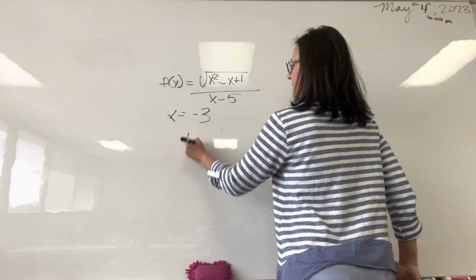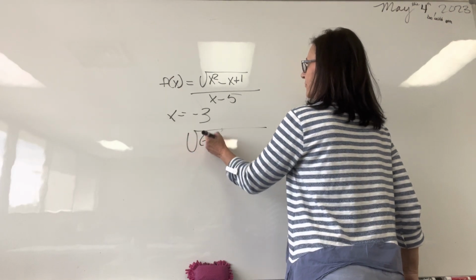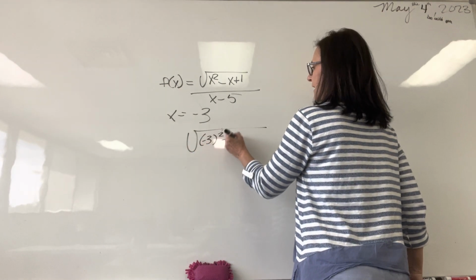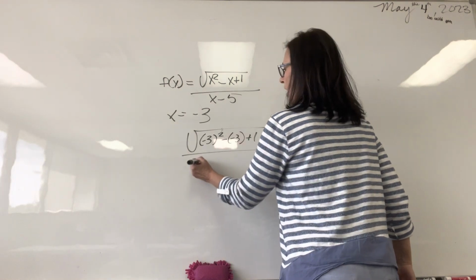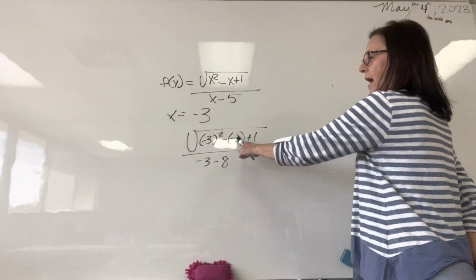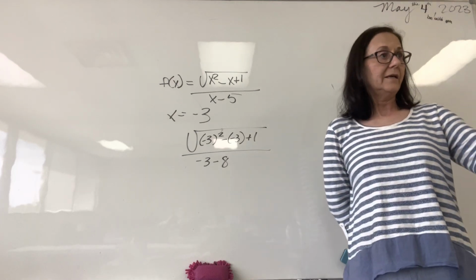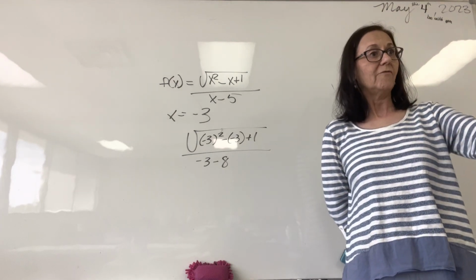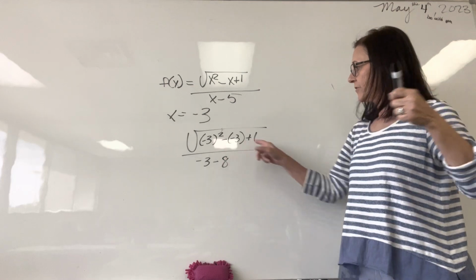All right, so that would be the square root of -3 squared minus -3 plus 1 over -3 minus 8. That's 9, 9 plus 3 is 12, plus 1 is 13.